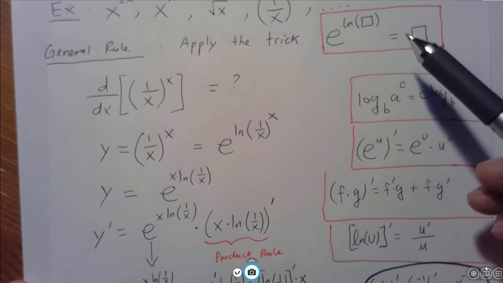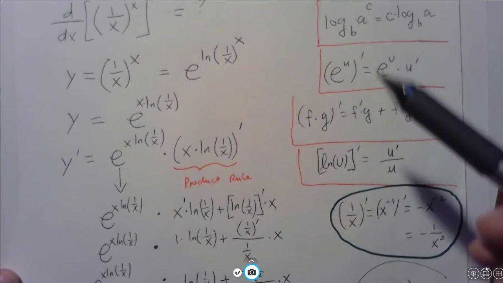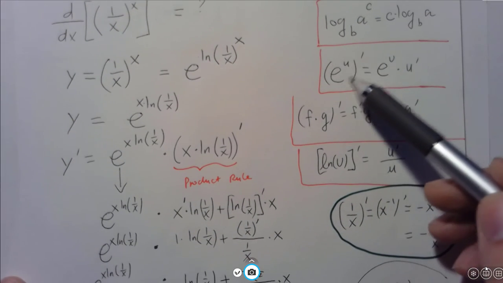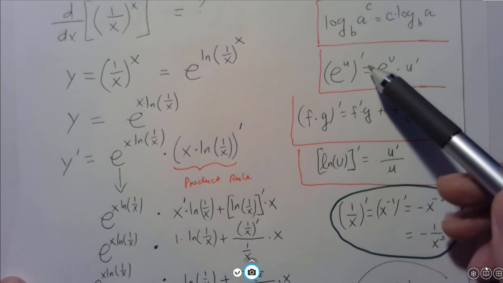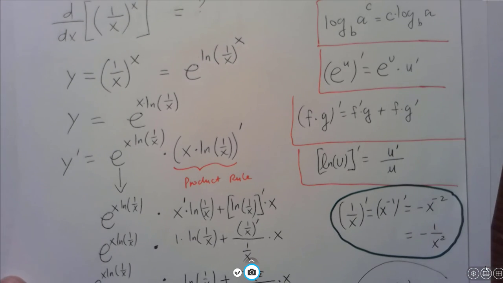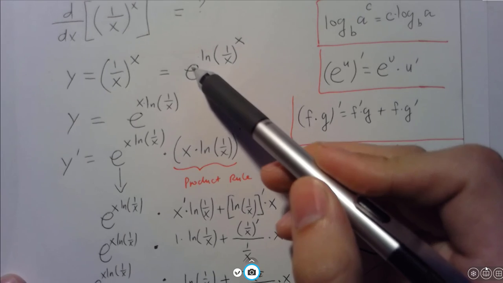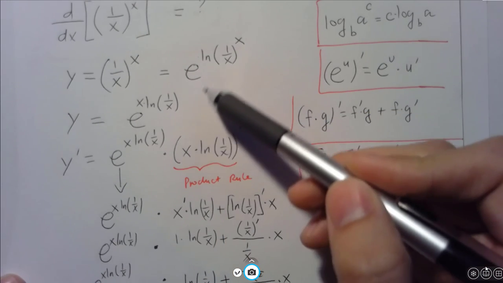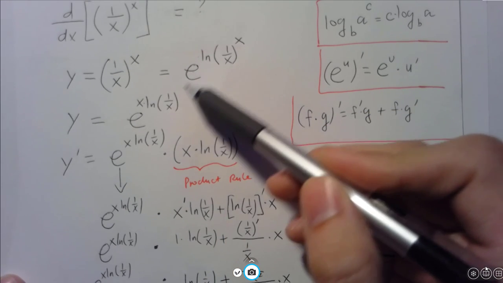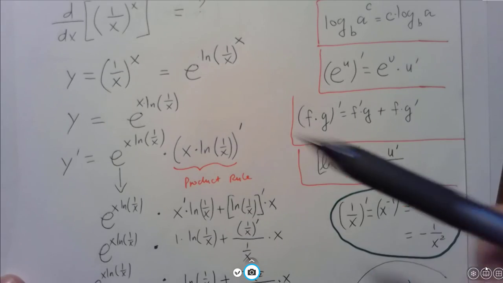And then from there, we can apply the derivative rule for e to the u to find the prime, and then do the simplification and reduce the fractions or anything that it has, and get to the final answer. And make sure that at the end we do convert this back to the original expression. So take away the e and the ln at the end, the last step.